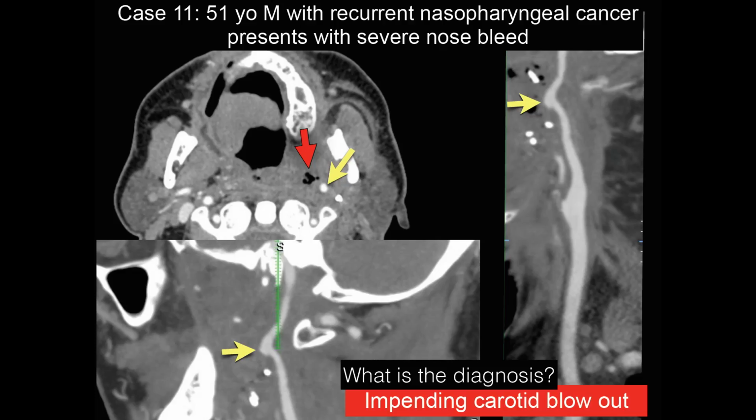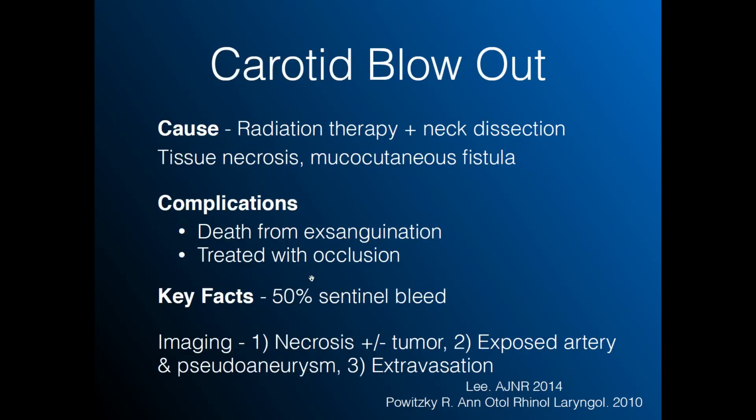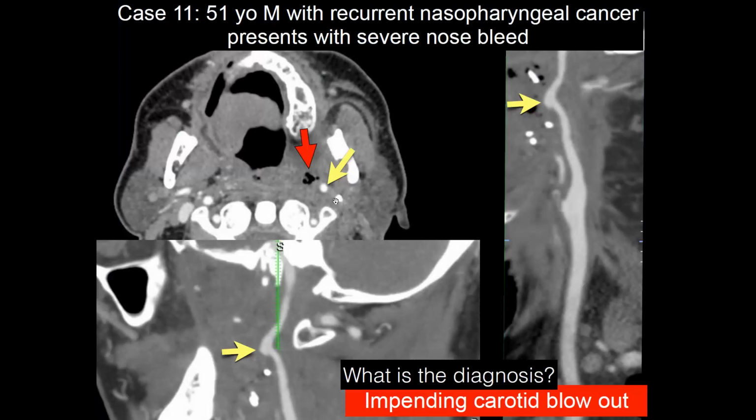This is when you have radiation and then surgery together. It causes necrosis in the tissue, and necrosis in the artery wall and weakening of the wall to cause a pseudoaneurysm. But in contrast to the other case where the tissues around that artery were normal, the tissues around this artery are not normal, and there's gas here.